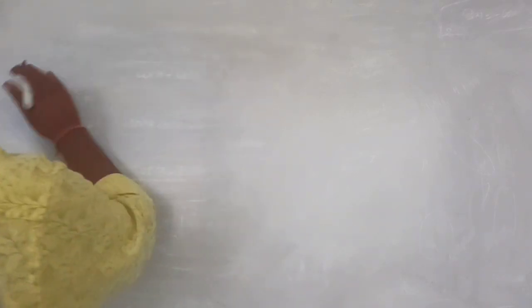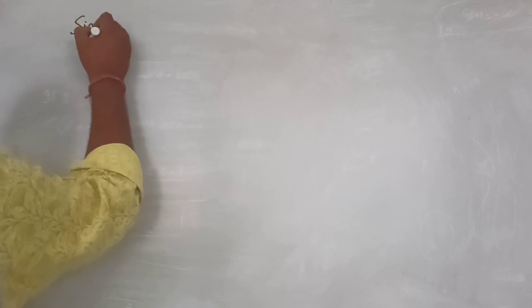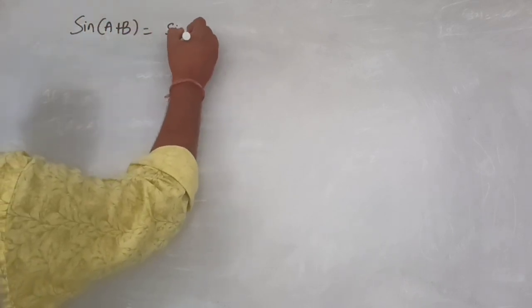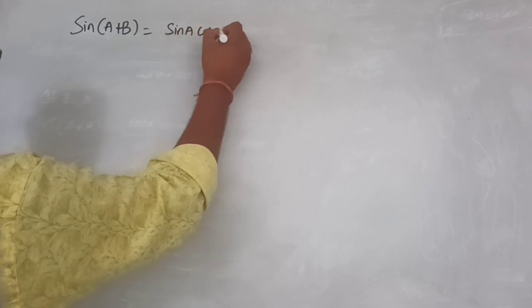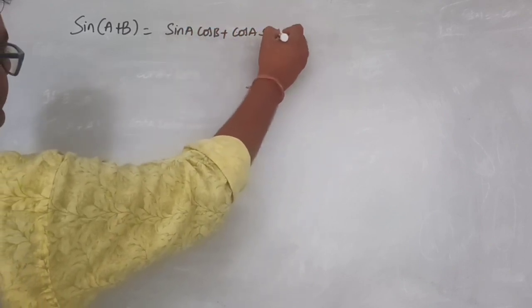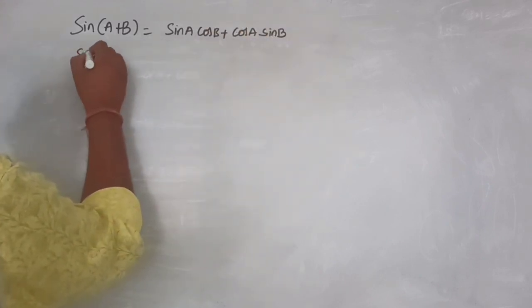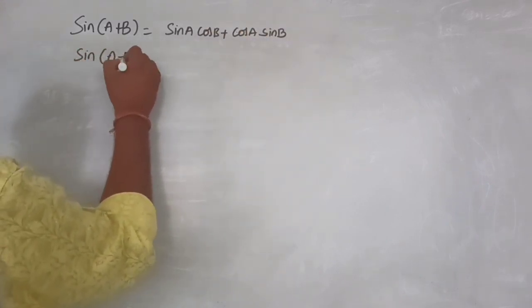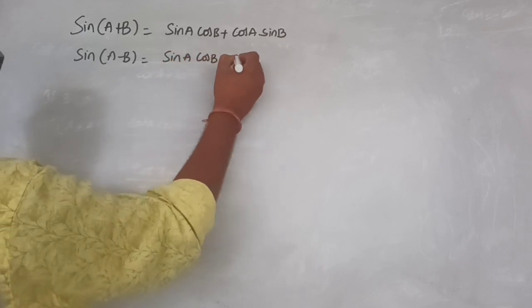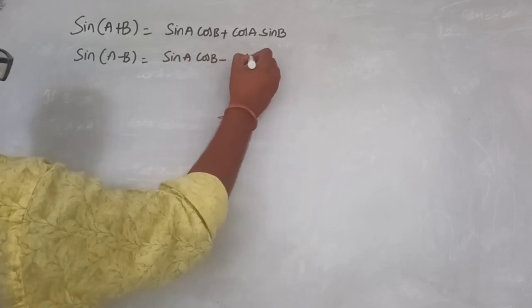So we know that sin of a plus b is equal to sin a cos b plus cos a sin b. And here sin of a minus b, we know that sin a cos b minus cos a sin b.